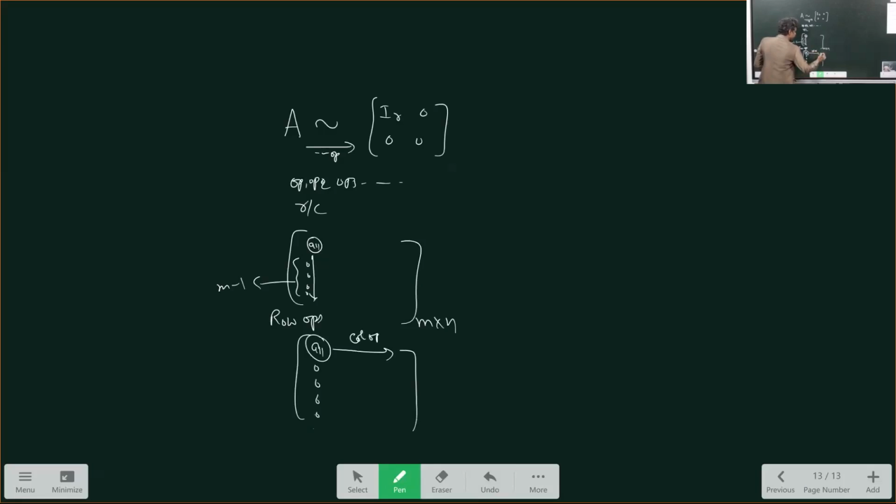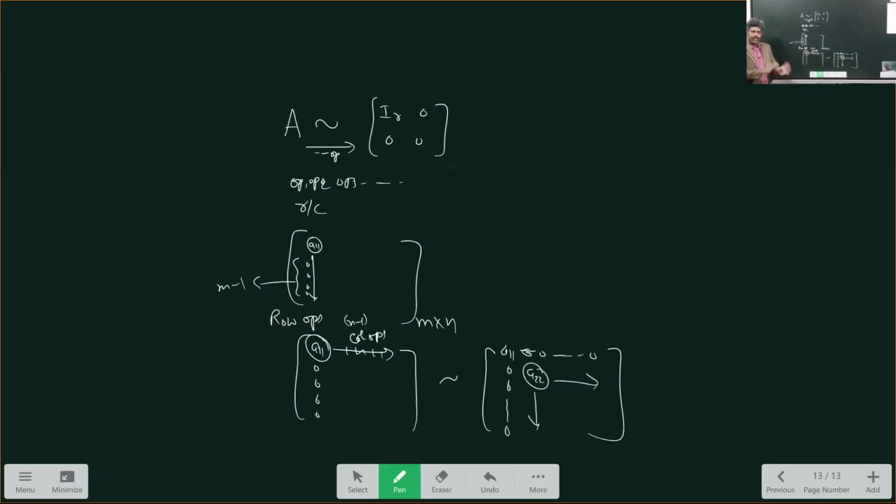There are n columns, one is already left, so use n minus 1 column operations to make them zero. Now this is equivalent to A11 with all zeros, then make use of A22 to make these zeros. This is how few people will work, row followed by column, row followed by column.